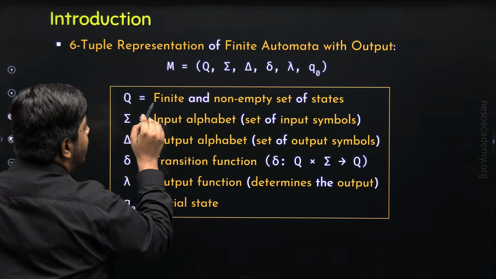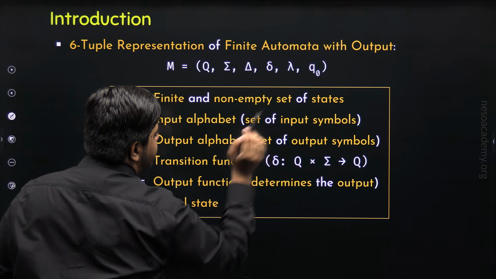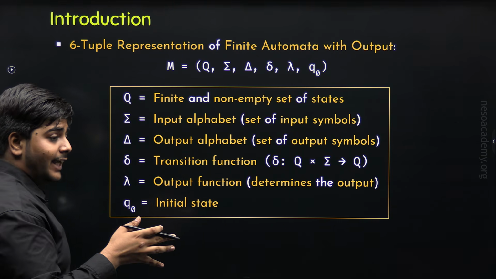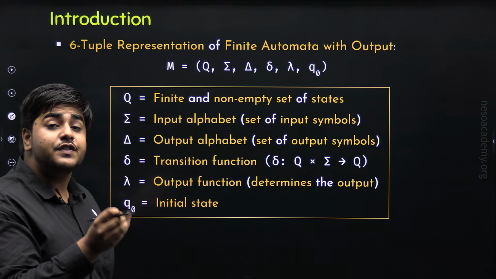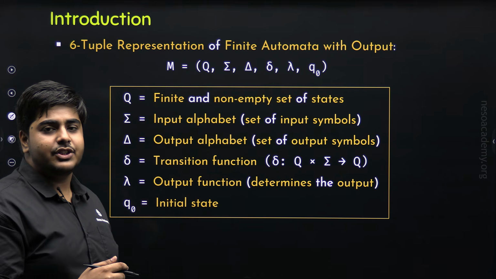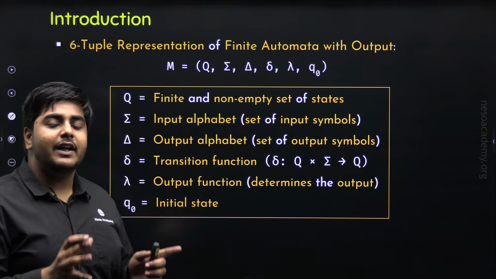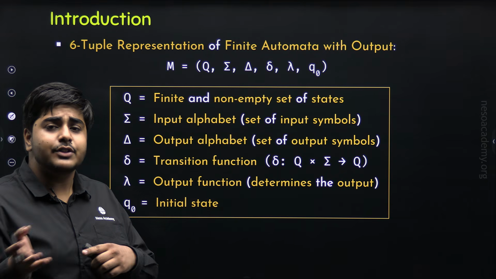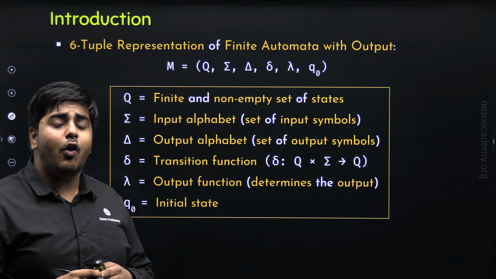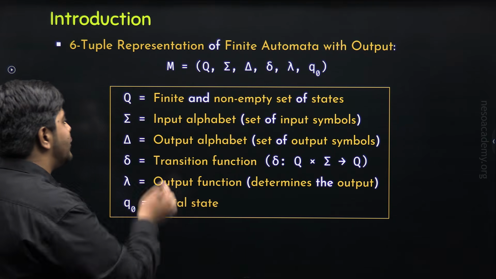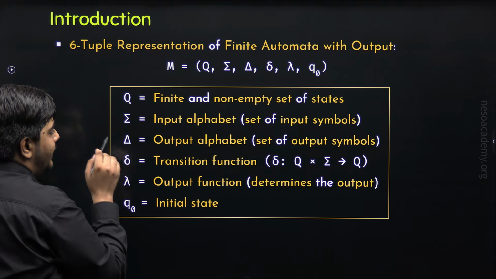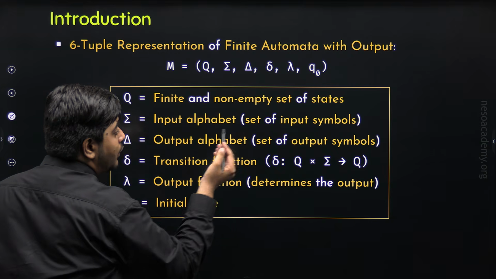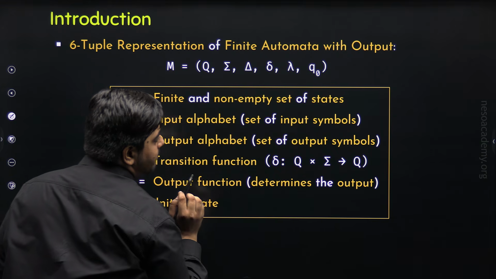Q is the finite and non-empty set of states, which you already know. That Q is called the finite and non-empty set of states that we have in our transition diagram. So whatever states we have in our transition diagram, like Q0, Q1, Q2, Q3 and so on, if we create a set of all those states, then that set is called Q. Next one is sigma, which is the input alphabet, the set of input symbols.